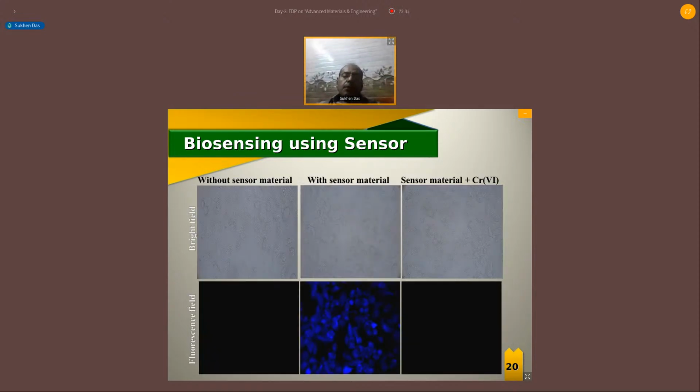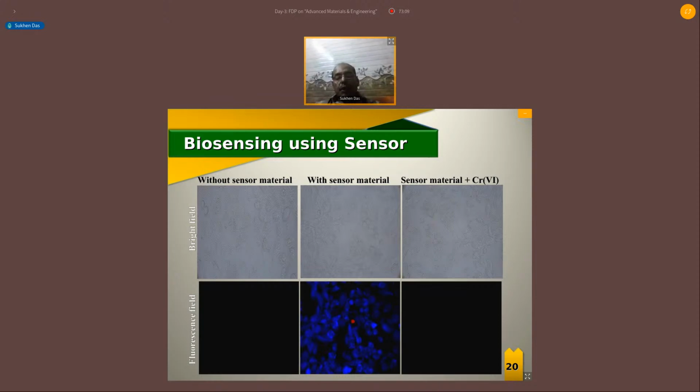Now, at a glance, what can we see? In the first case, we took only water, and if we expose it to 370 nanometer UV light, it is completely dark. But if we add some powder prepared with boehmite, whose particle size is in the order of 20 to 30 nanometer, with some gum acacia resin, we get a fluorescence property like this when exposed to 370 nanometer UV light.